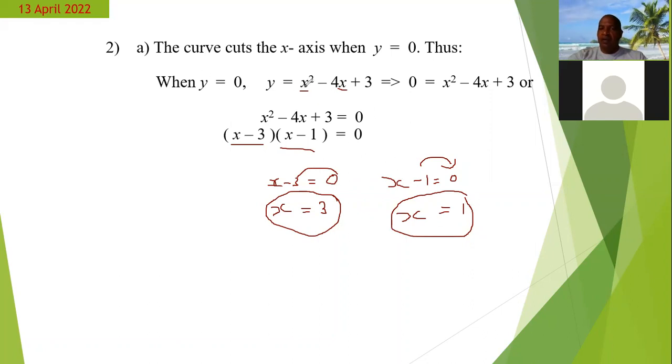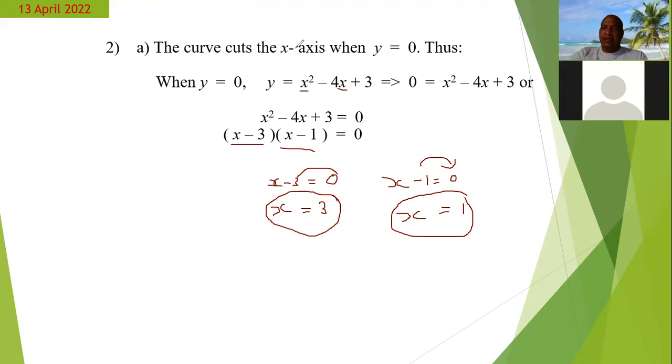So we put 1 squared minus 4 times 1 plus 3, and then we'll calculate the y value for x equal 1. Now, after we get the y values, then we write the points for those x values. And these would be the values at which the curve cuts the x-axis.